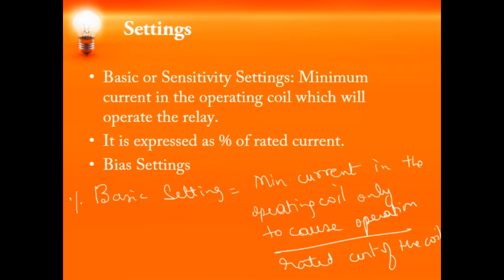Typical values of this basic setting might be 10 to 20% for a generator and 20% for a transformer.